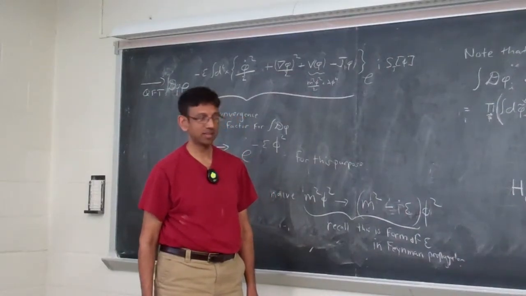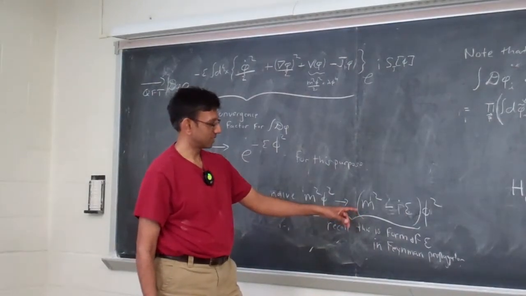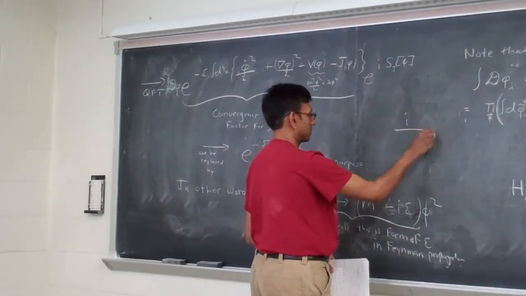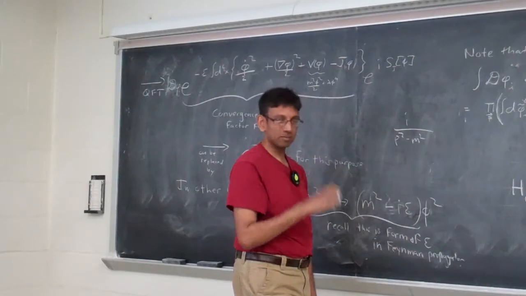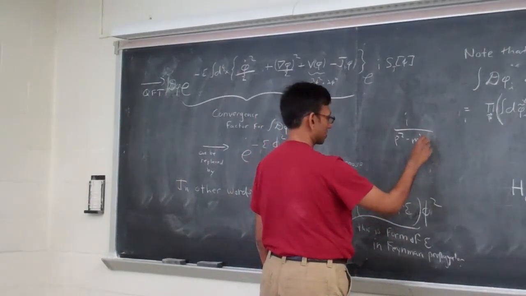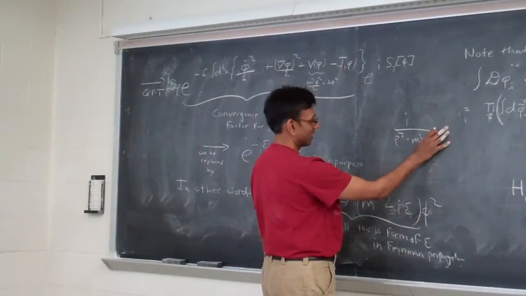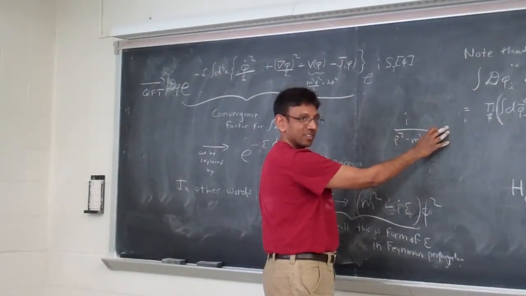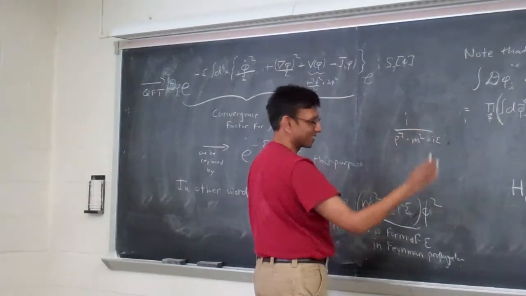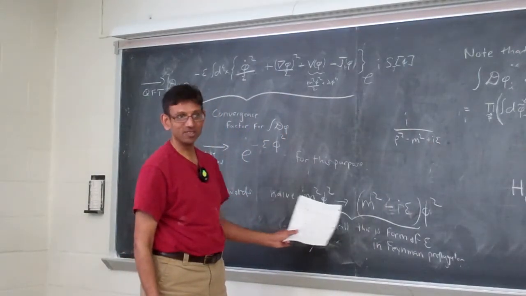The quick way of remembering where it is: I only remember the naive propagator, and oh wait, there's an epsilon somewhere there. The answer is, it's there exactly like the naive answer. This could be the retarded propagator or the advanced propagator. There are many propagators, as you've probably seen at the beginning of Peskin and Schroeder. But the Feynman propagator is that, and that's just this substitution.